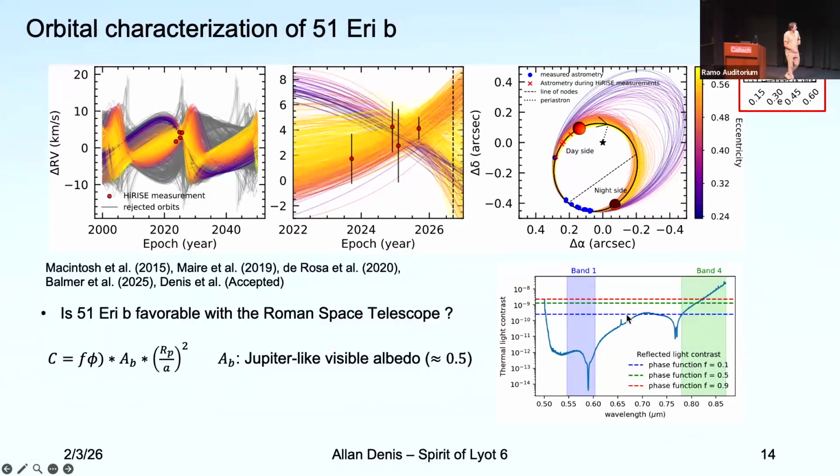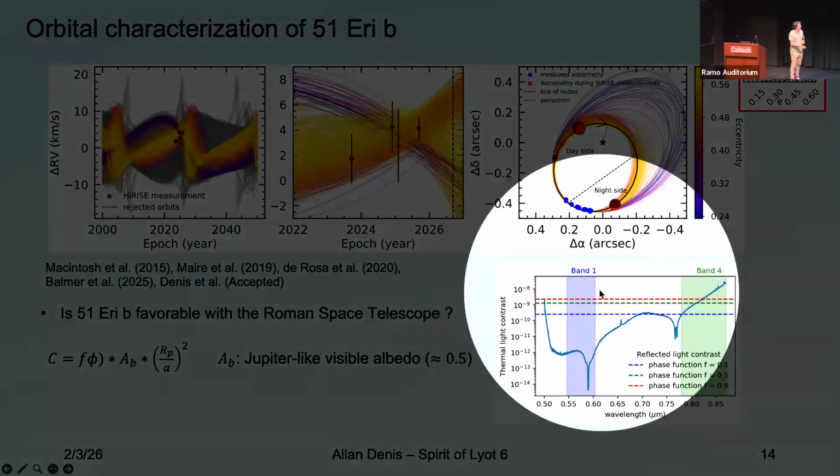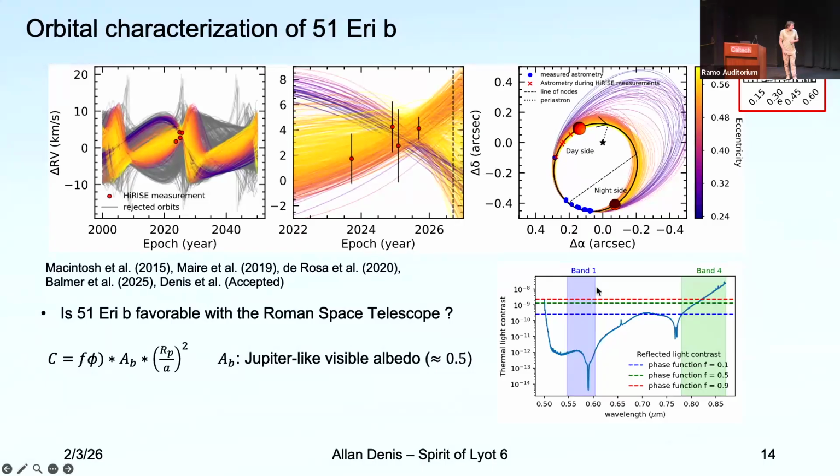But in band 1, the reflected light contrast overpowers the thermal light contrast, which means that this will be a target of interest maybe for the VLT instrumentation, which will probe reflected light spectroscopy, reaching a higher contrast.